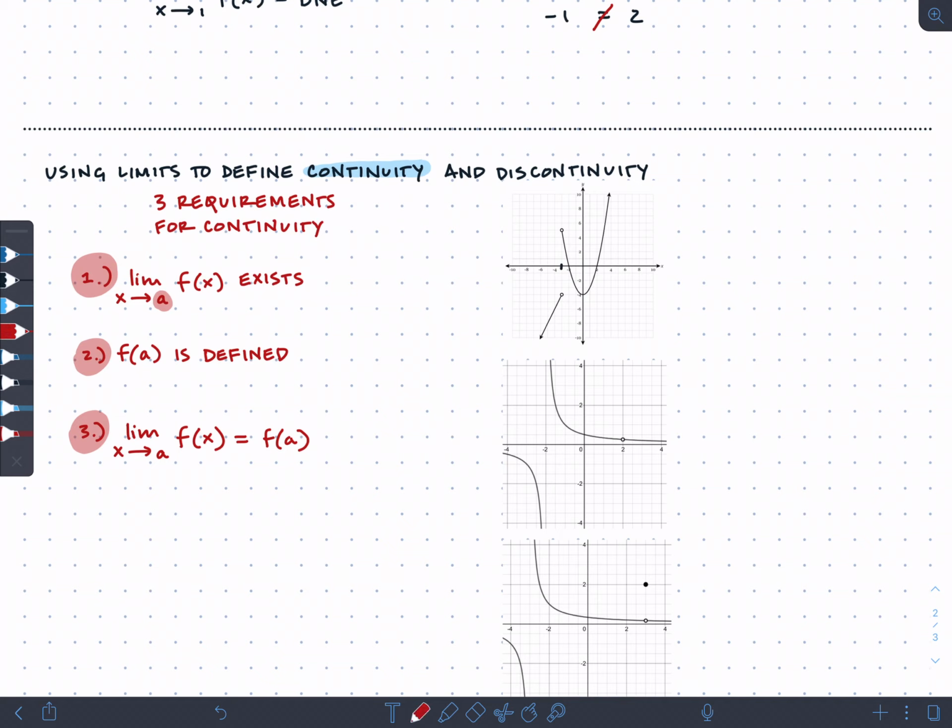So we can say this is discontinuous because the limit as x approaches -3 of f of x does not exist.